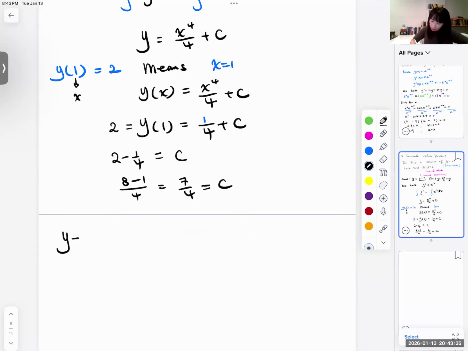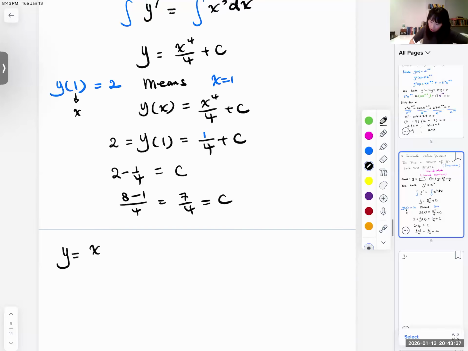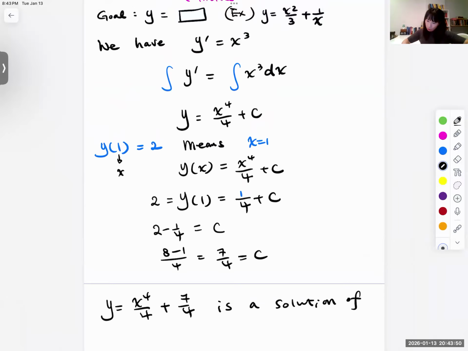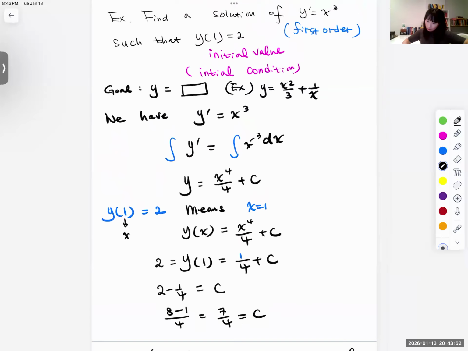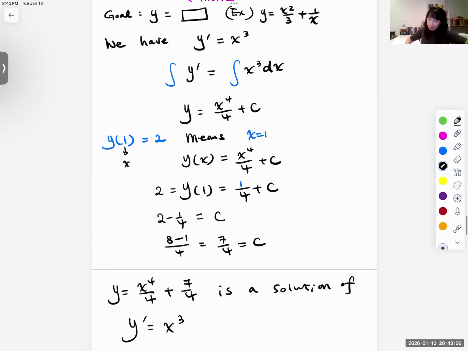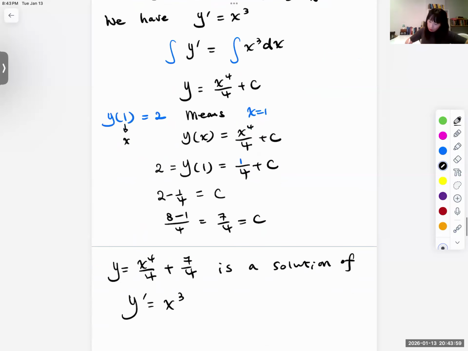So y equal to x to the 4 over 4 plus 7 over 4 is a solution of the differential equation y prime equal to x to the third, with y of 1 equal to 2.